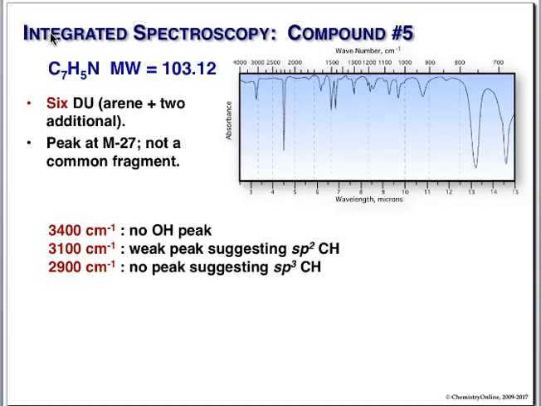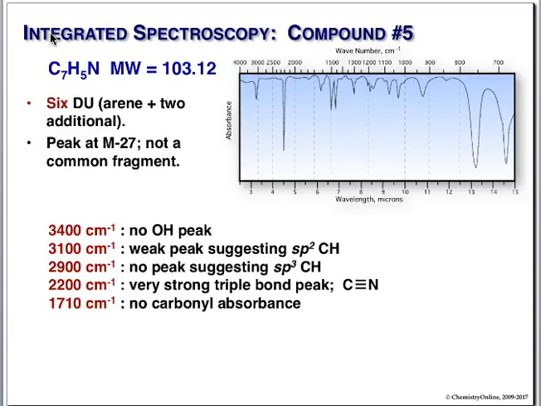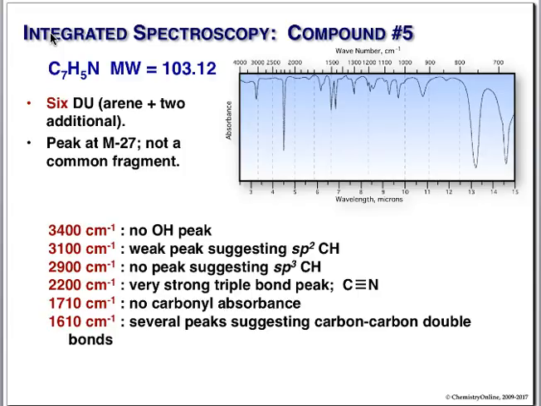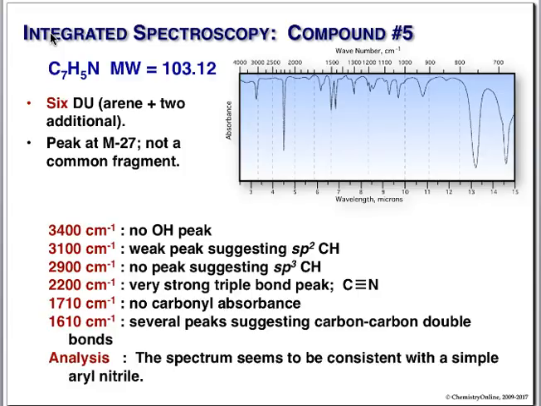This is a very classic carbon-nitrogen triple bond stretch. Obviously nothing in the ketone region. And down here, 1600 and 1450, these guys, you kind of see those with a benzene ring. And that goes along with our degrees of unsaturation. So this looks like we probably have an aryl nitrile.